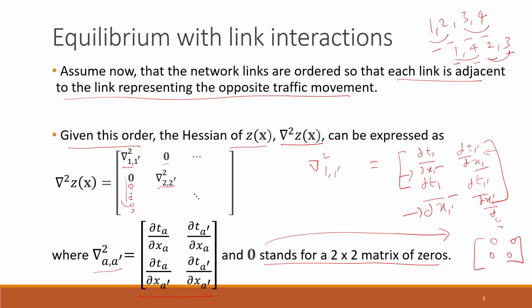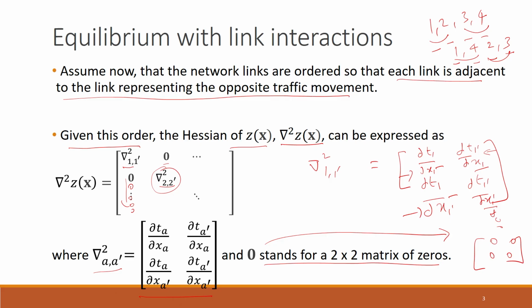Similarly, the flow through link 2 here, which will be part of this small matrix here. So, here the travel time on link 2 will only be dependent upon the flow through link 2 and the flow through link 2 dash, which is opposite to 2. Okay.